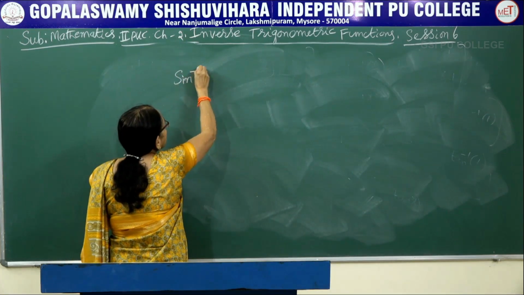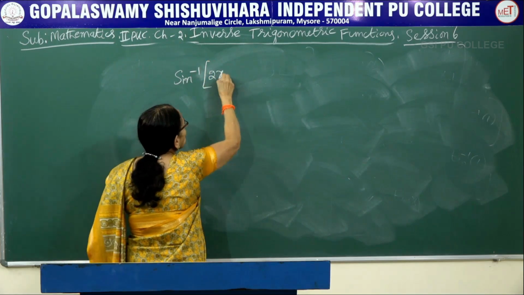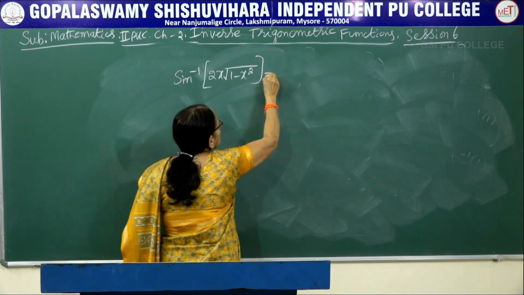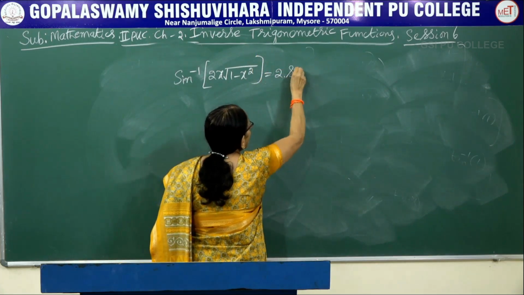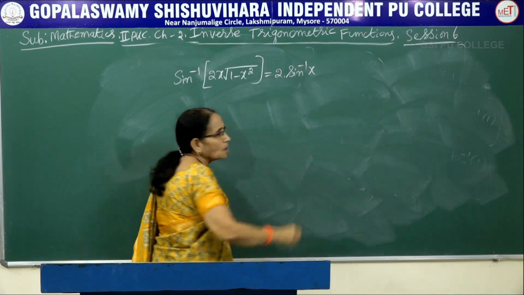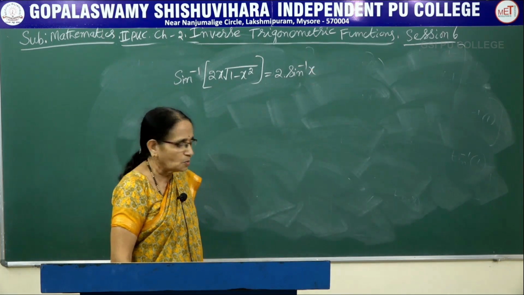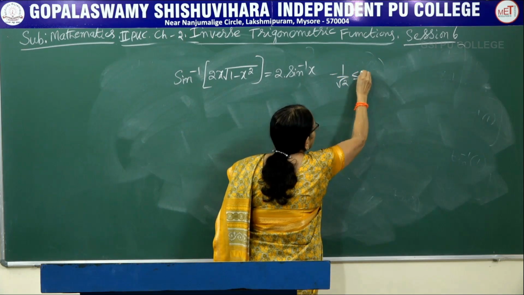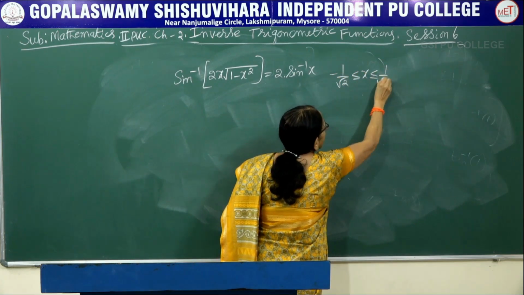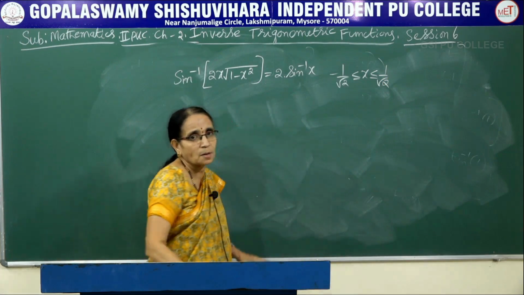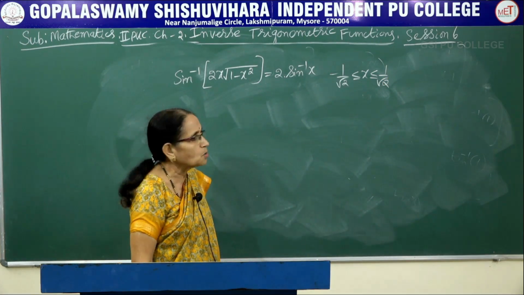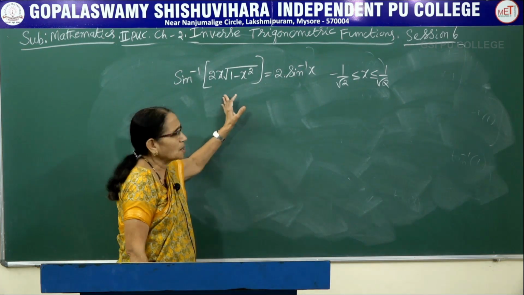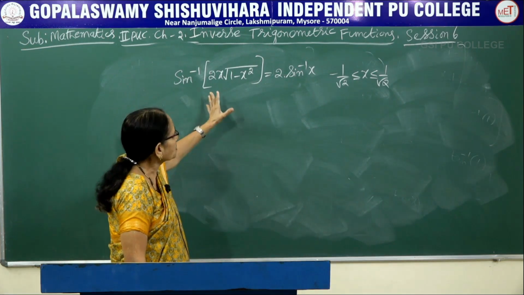Sine inverse of 2x into root of 1 minus x square should be shown to be 2 into sine inverse x. The value of x should lie between minus 1 by square root of 2 and plus 1 by square root of 2. Now this is again a 2-mark question here.